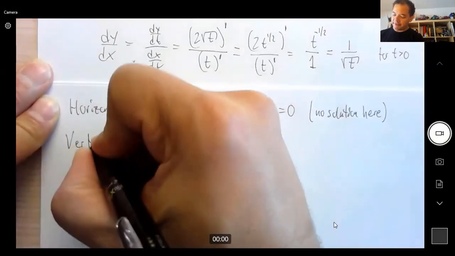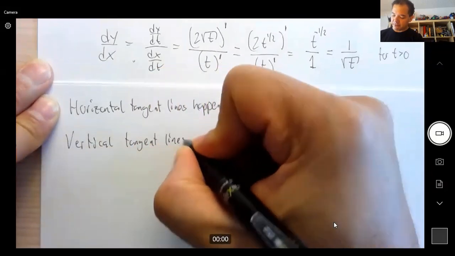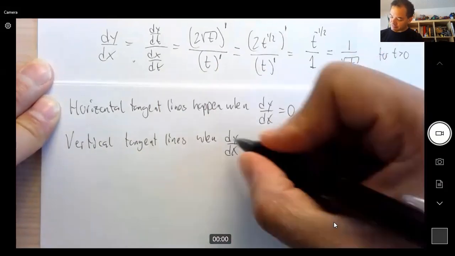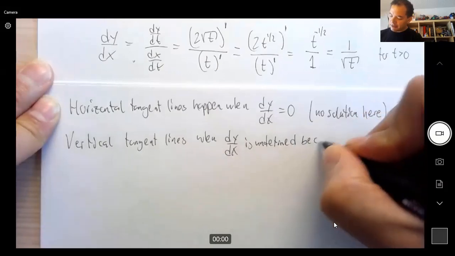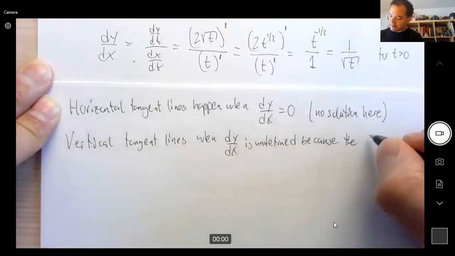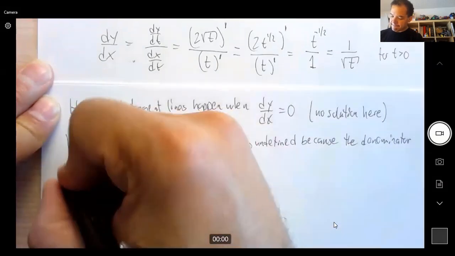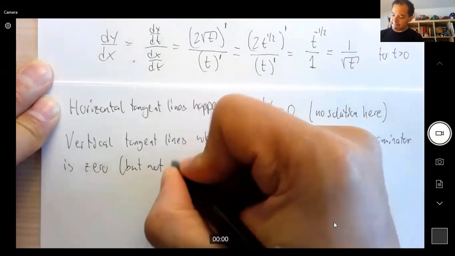Vertical tangent lines happen when dy dx is undefined because the denominator is 0, but not the numerator.